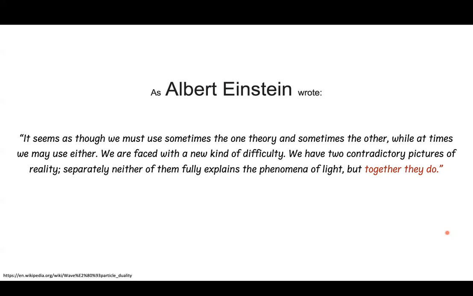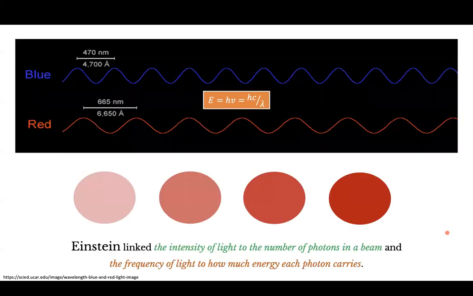So how are we going to explain this wave nature and particle nature together? Let's see. The blue light and the red light: the blue light has a 470 nanometer wavelength, and the red light is 700 nanometer. So this is the wavelength.